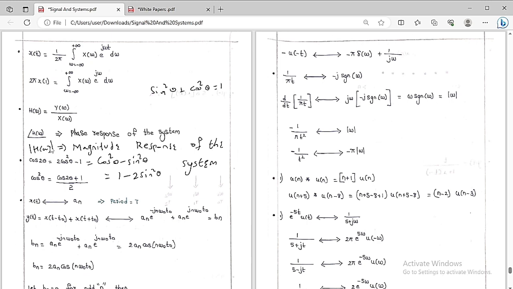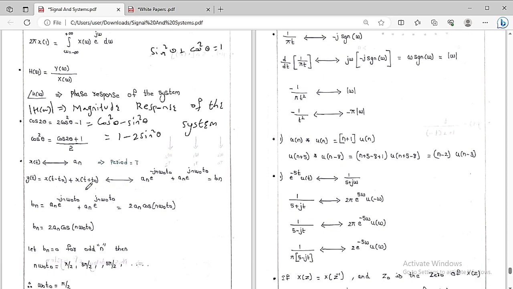By substituting, cos 2 theta is equal to cos square theta minus sin square theta, or 2 cos square theta minus 1, or 1 minus 2 sin square theta, using the basic formula sin square theta plus cos square theta is equal to 1. I'll take only this case: cos 2 theta is equal to 2 cos square theta minus 1. So cos square theta is equal to cos 2 theta plus 1 by 2.